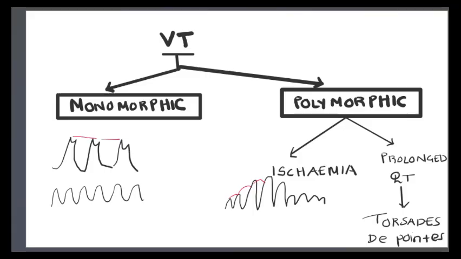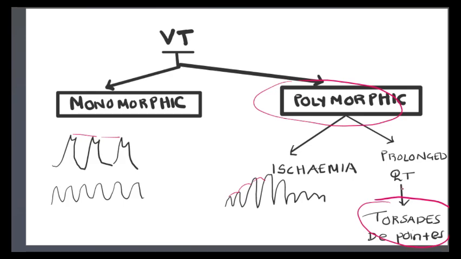Many of you will have confusion about how polymorphic VT is different from Torsades de Pointes. It's very simple. Torsades de Pointes is definitely polymorphic VT, but polymorphic VT that is due to prolonged QT interval is called Torsades de Pointes. It's a variety of polymorphic VT.